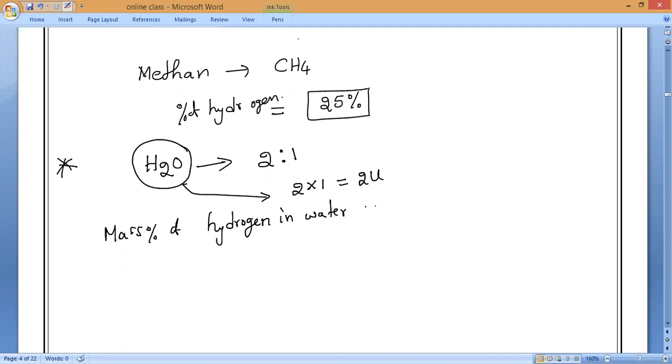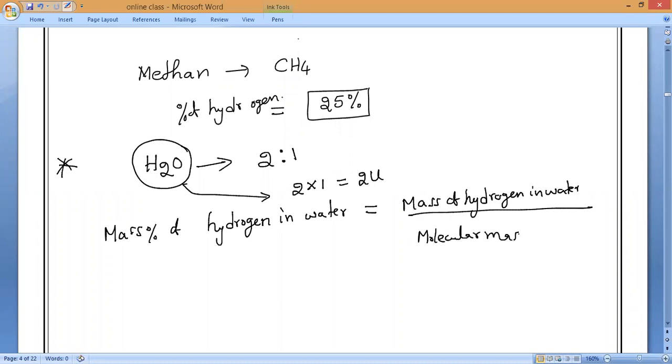You have to remember that. So this is the formula mass of hydrogen in water, which varies from compound to compound, divided by the molecular mass of water, into 100. So what is the mass of hydrogen?